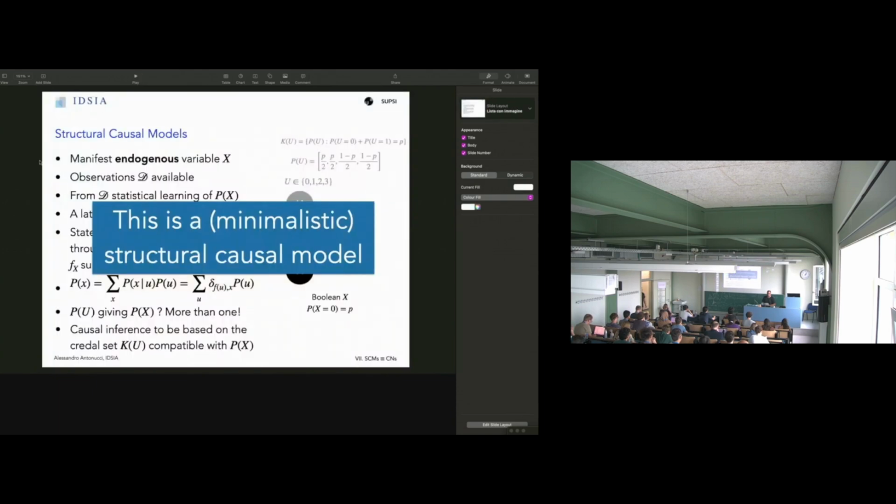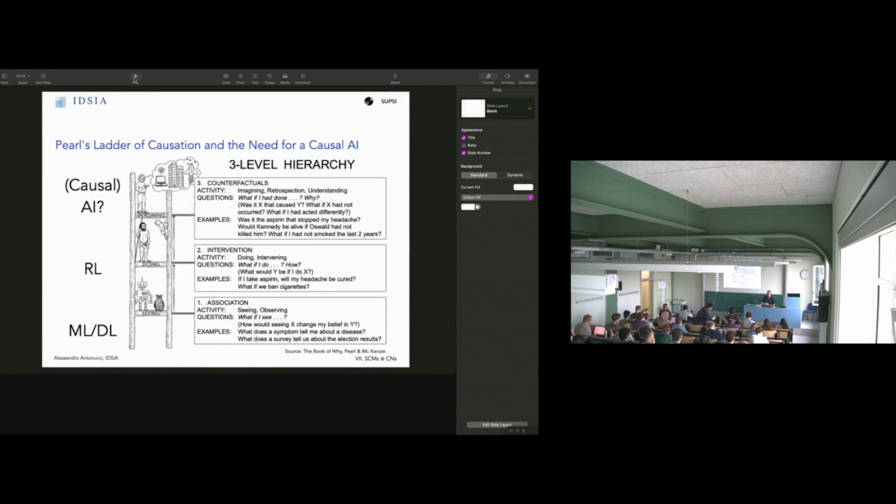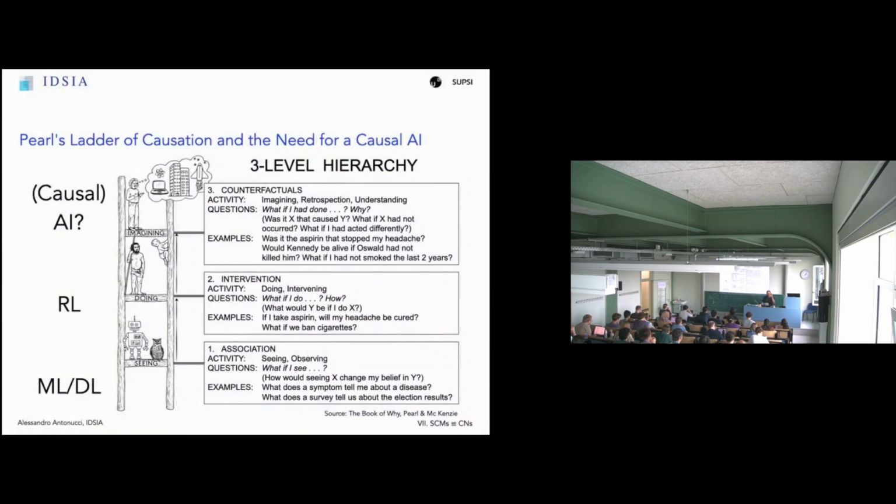Let me comment on this picture, which is quite popular, and this concept. There is this concept of the ladder of causation with three different layers, three different levels. It is about the kind of knowledge you might want to answer when doing, let's say, science. We start from the bottom.